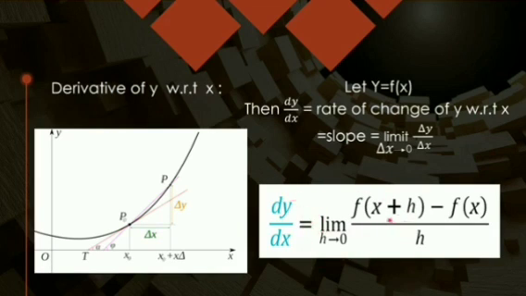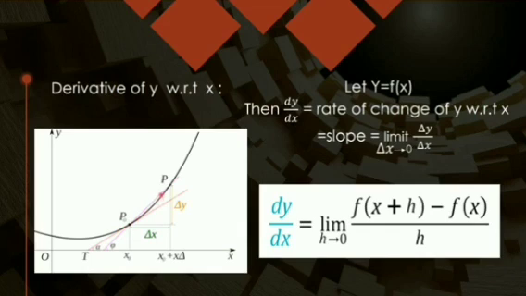It means if I take some value here, x naught plus delta x, this is x naught. So this is x plus h and this is x. Then the difference in these two will give me delta x.